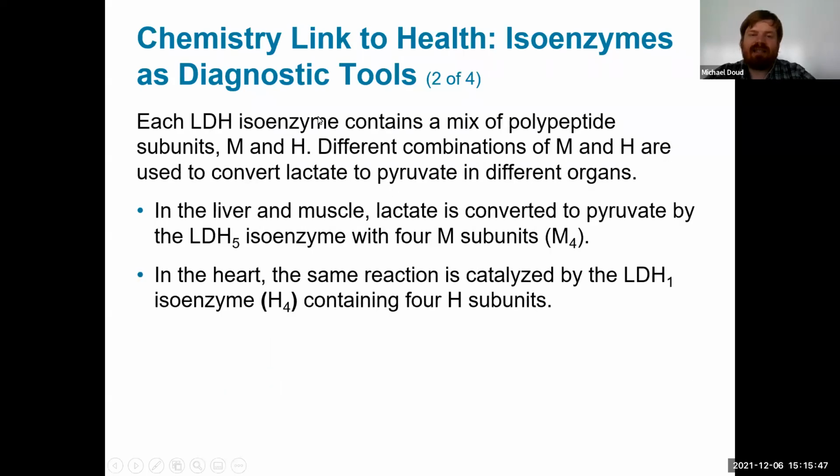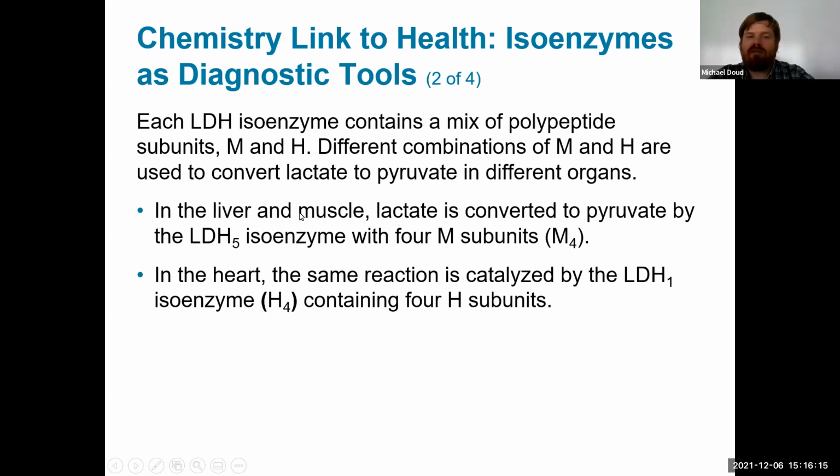Each lactate dehydrogenase isoenzyme has different polypeptide subunits. So there's 2 polypeptide subunits, M and H. Different combinations of M and H are used in different organs. So in the liver and muscle, lactate's converted to pyruvate by LDH5, and that has 4 M subunits. However, in the heart, you have 4 H subunits actually doing it there.